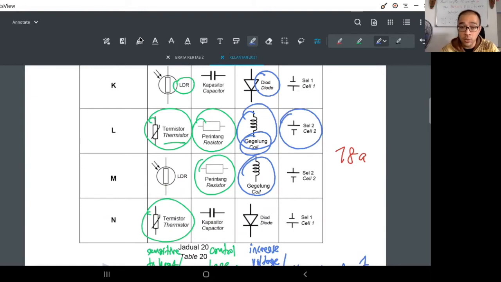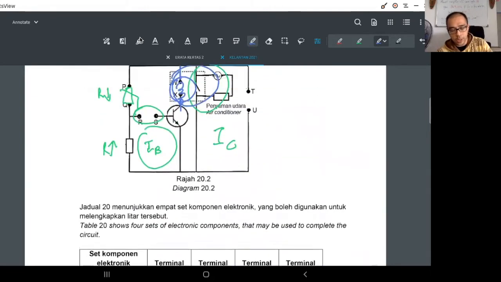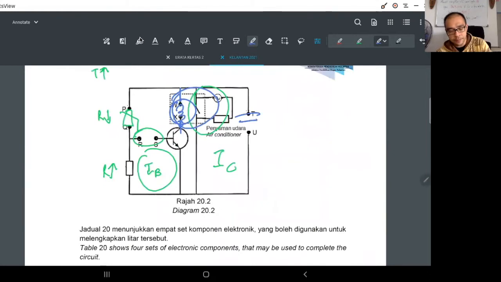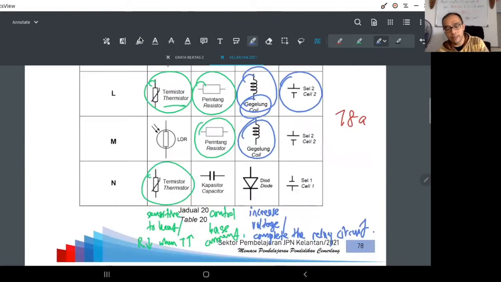So why cell 2? Because when you put the positive terminal here and the negative terminal here, it is forward bias to the transistor.